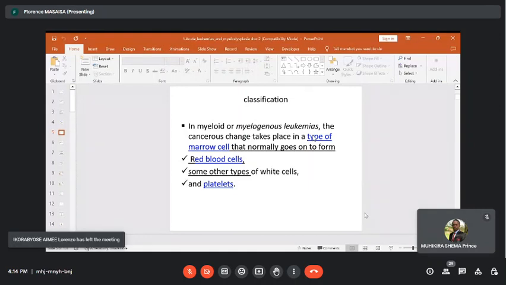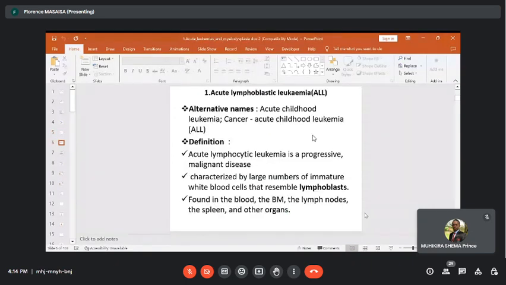So myelogenous leukemia occurs in white cells, but also platelets and red cells. That's what you have said. So by definition, ALL is acute childhood leukemia. It is usually a progressive malignant disease, which is characterized by a large number of immature cells called lymphoblasts.